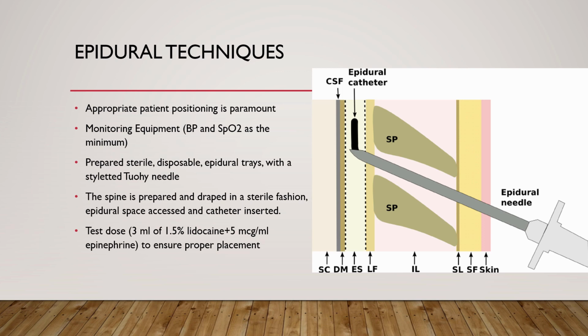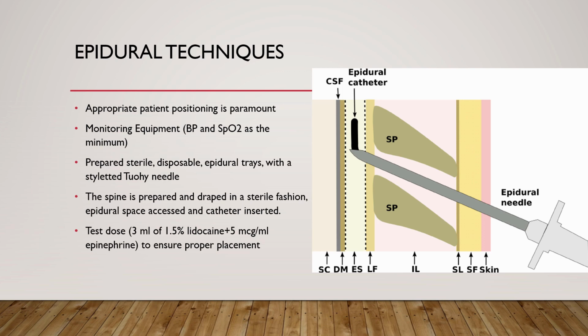To ensure that the catheter is not misplaced, like being in the subarachnoid, intravascular, or subdural space, we typically do a test dose, and it's usually 3 cc of 1.5% lidocaine with 15 mcg of epinephrine. If the catheter is too deep, in the CSF, and we don't know it, the 45 milligrams of lidocaine, which is 3 cc of 1.5%, or 15 milligrams per cc, causes a temporary bradycardia, hypotension, and paralysis depending on the injection level.